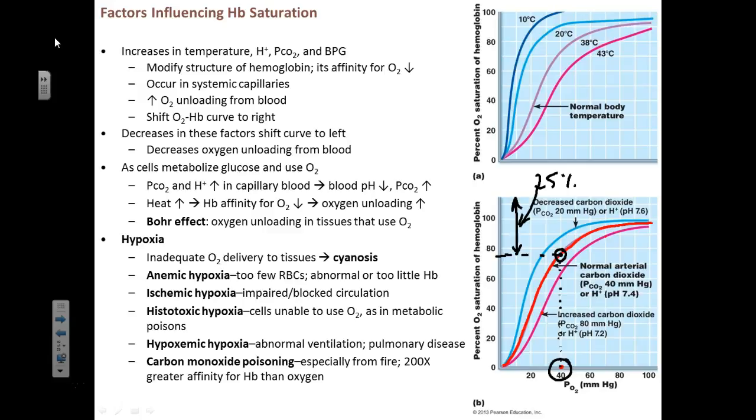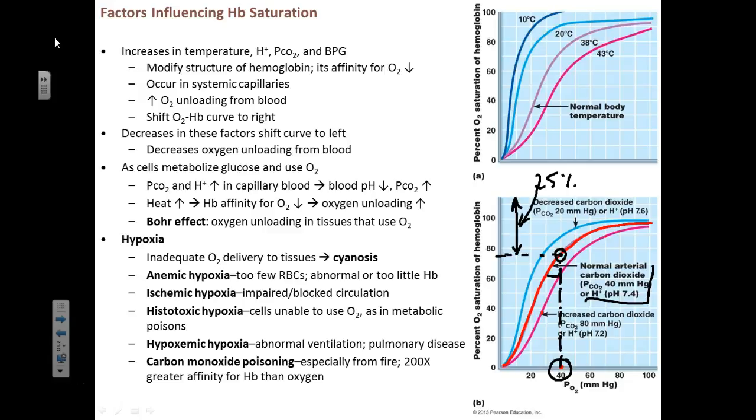Where does it cross the curve that was measured for the higher CO2? Here. Do you see that? This is where it crosses, the purple one.